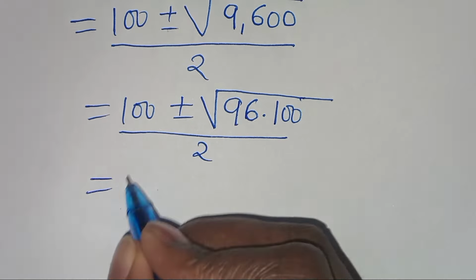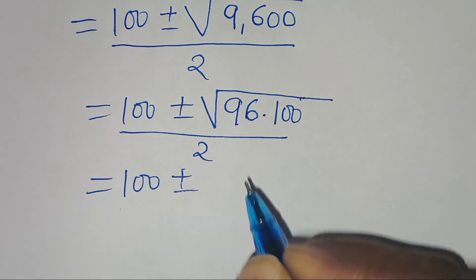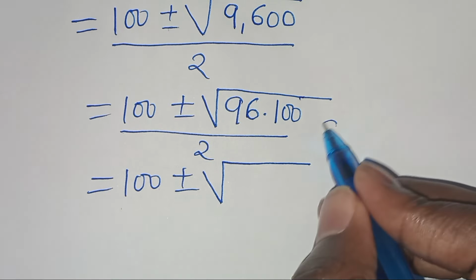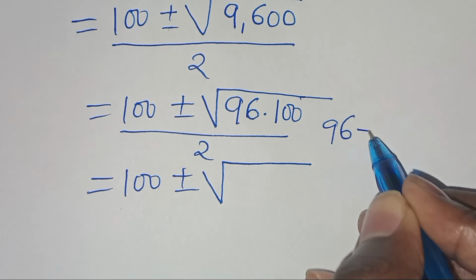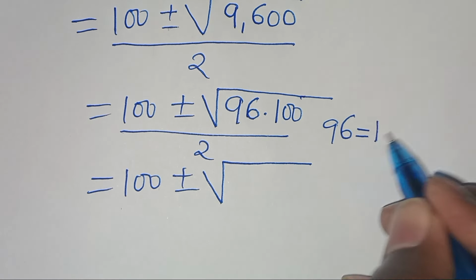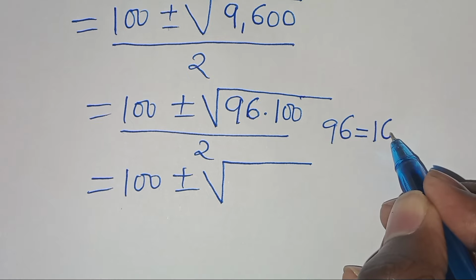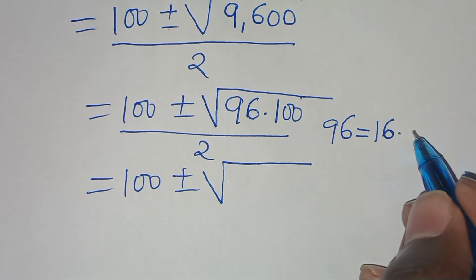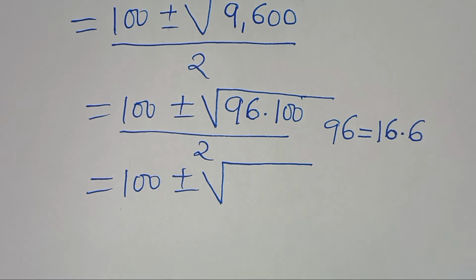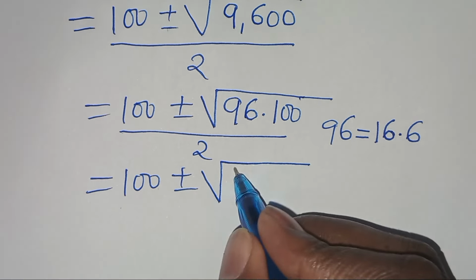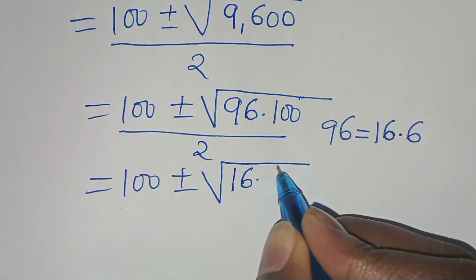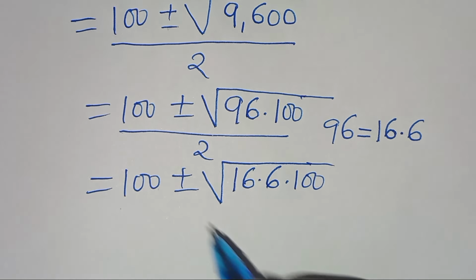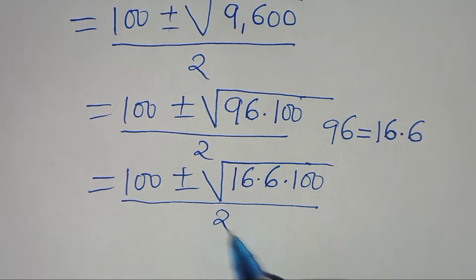So here we have 100 plus or minus the square root of, we can further express 96. 96 is the same thing as 16 multiplied by 6, so that here we have 16 times 6, then multiplied by 100, everything divided by 2.